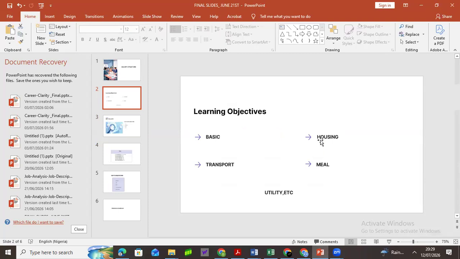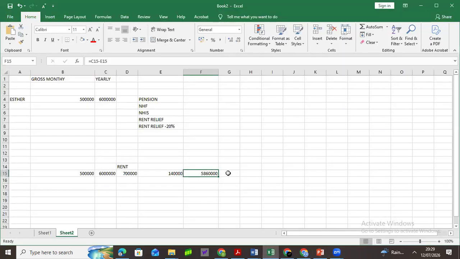That's what the employee is paying. Let's just assume that after we have calculated it, the pension for the year is 1 million naira. So this minus 1 million naira is now 4,860,000.